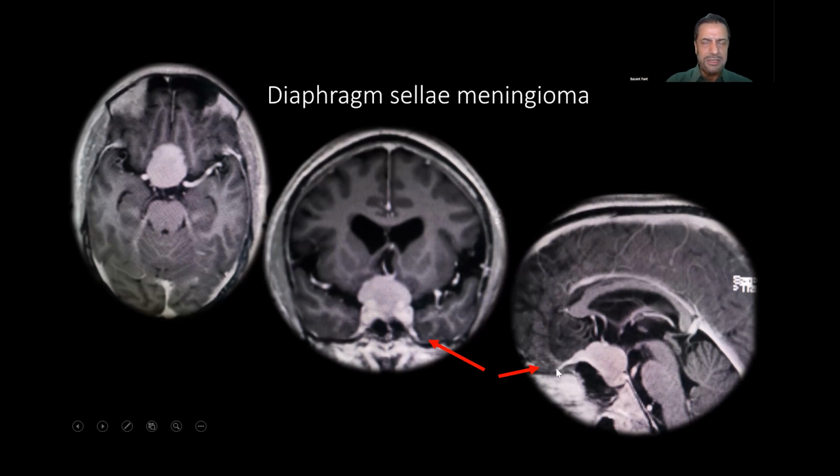So you have to chase all the way up to the end of the dural tail. And then you can see the sphenoid sinus has a little bit enlarged into the tumor. So this is a very, very hallmark of a meningioma. So this is a tuberculum sellae or diaphragma sellae meningioma.